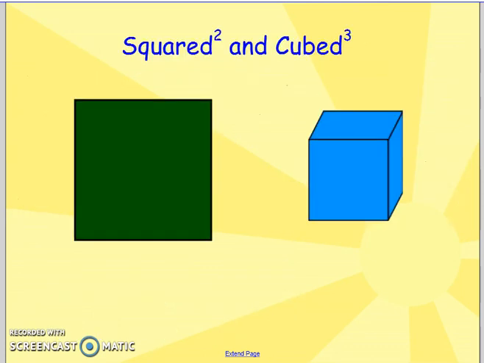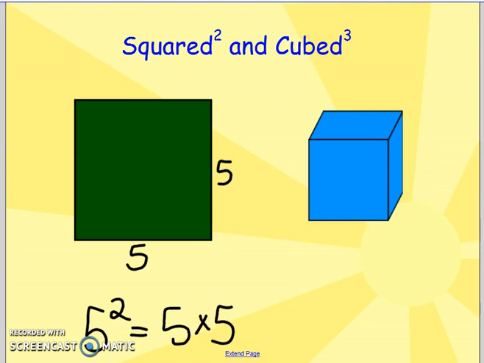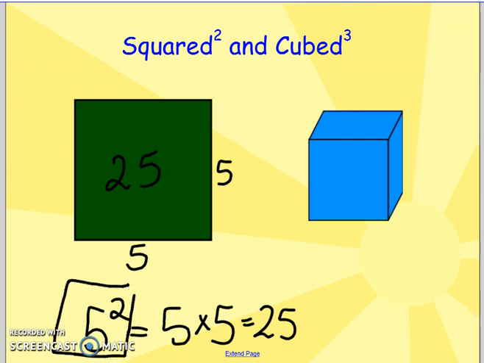Okay? Now, there's a different way to say these things. You could say 5 raised to the 2nd power, or you could say 5 squared. That's another way to say it. Because if you have a square, and you want to find the area of that square, you do repeated multiplication. Equals 25. So our area is 25, hence why you can say 5 squared or 5 raised to the 2nd power.